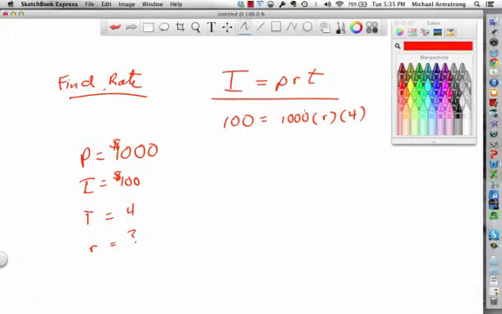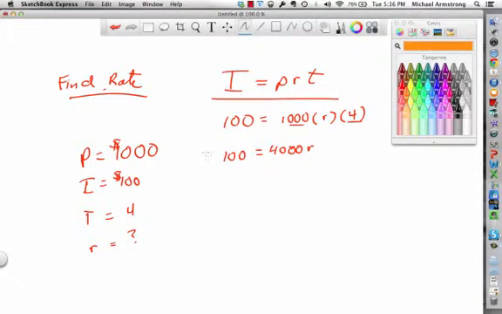I can multiply 1,000 times 4 in my head. So 100 equals 4,000 times R. Now it looks a little simpler.